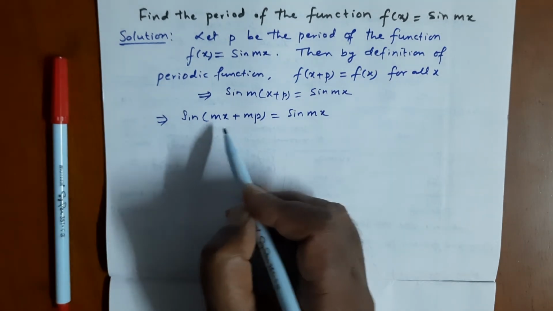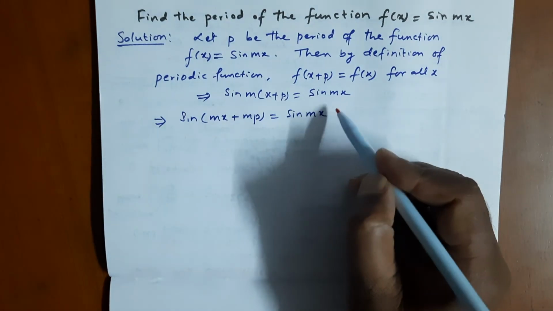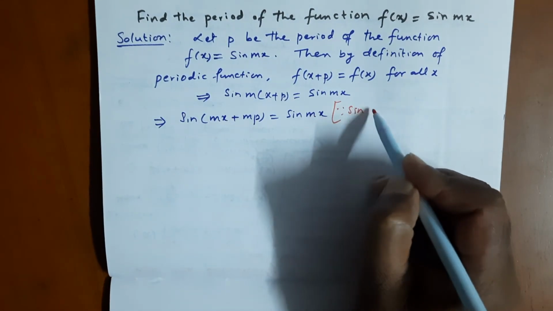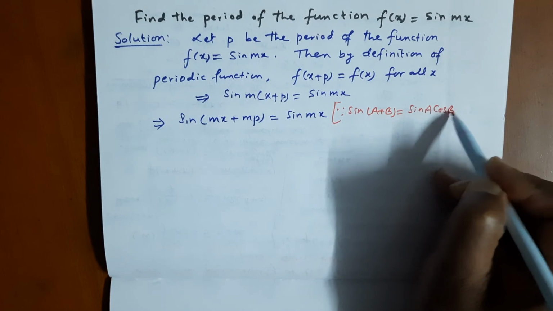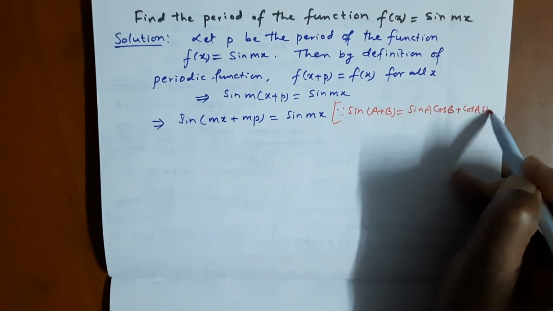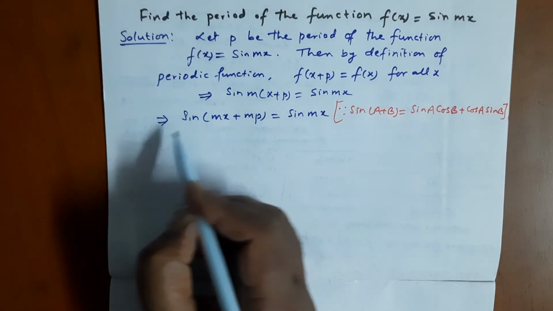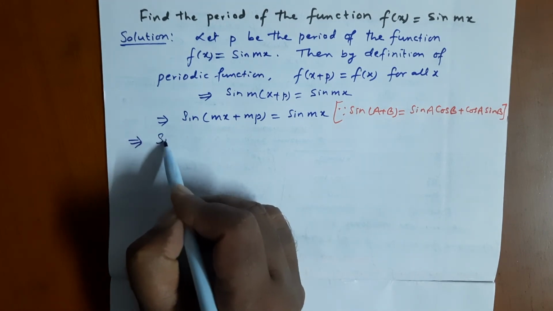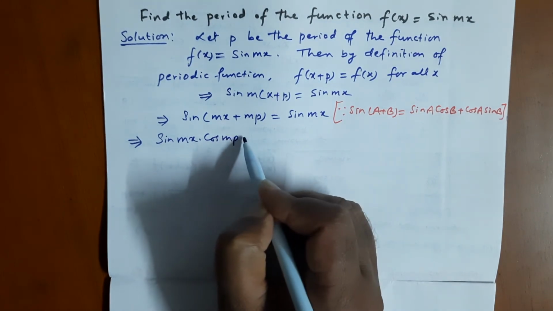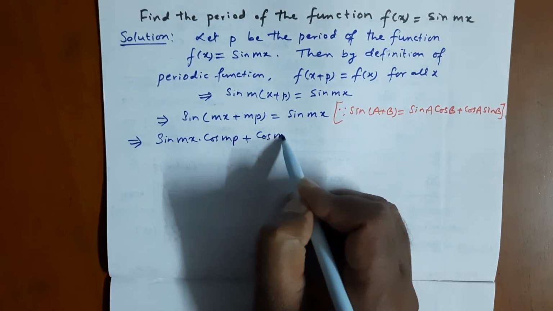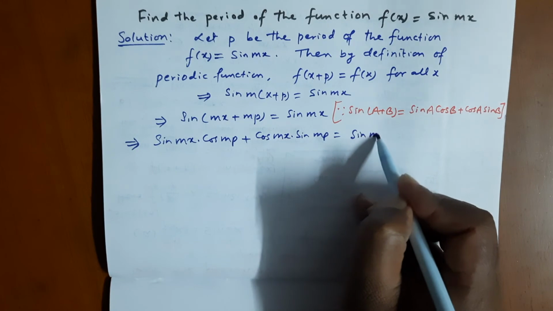Now using the sin(a+b) formula we can expand it. You know the formula of sin(a+b), that is sin a cos b plus cos a sin b. So using this formula this becomes sin(mx) cos(mp) plus cos(mx) sin(mp) equals sin(mx).